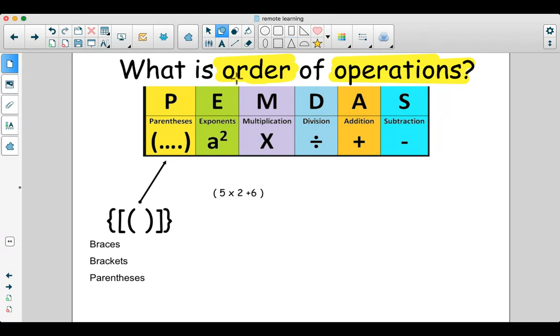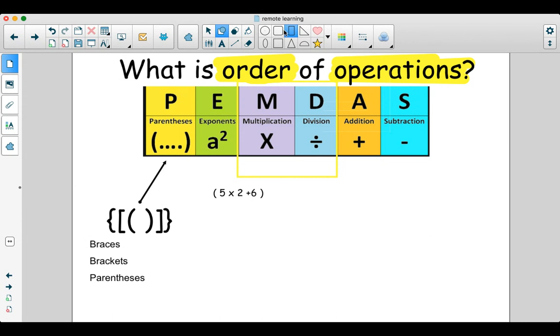Now, the key to the order of operations is that multiplication and division, and addition and subtraction work together.